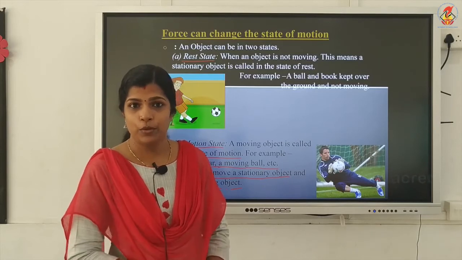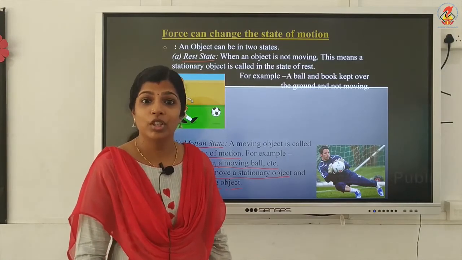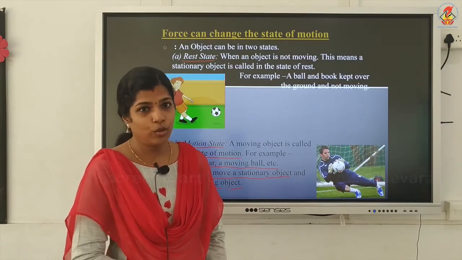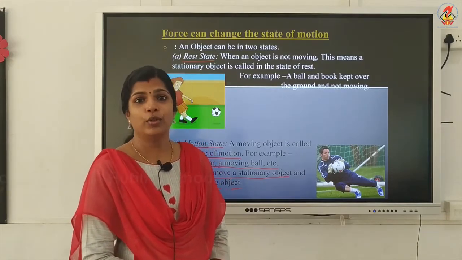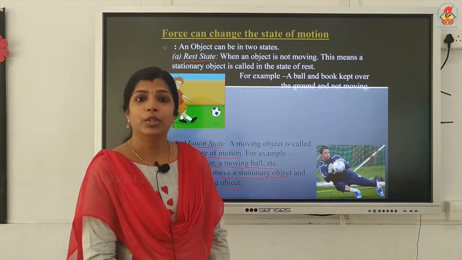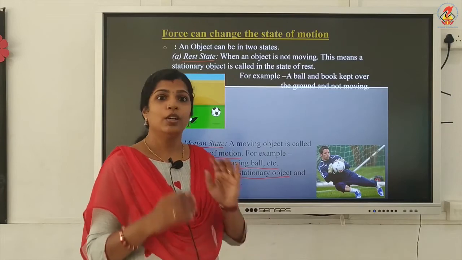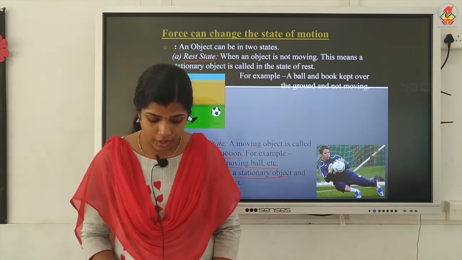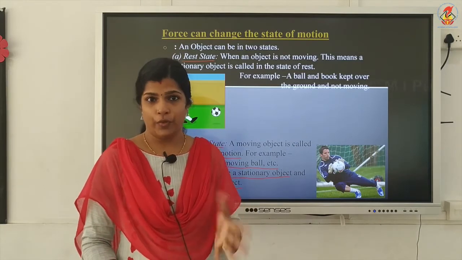We are not applying any force, but a force is there. That force is known as the frictional force, which you will study later. Due to frictional force, that moving ball will come to rest. So that is the first point: a force can move a stationary object or can change its position of rest.